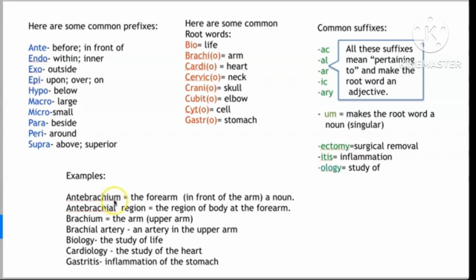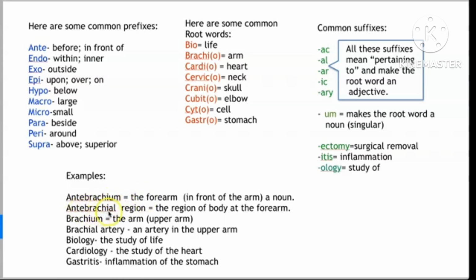What is it talking about? What is the root word? The root word is brachy. That is the arm. And specifically, so this is the arm, and then we have this ante in front of it. Ante means before, in front of. So this is in front of the arm. This is basically the forearm. So this is your forearm.